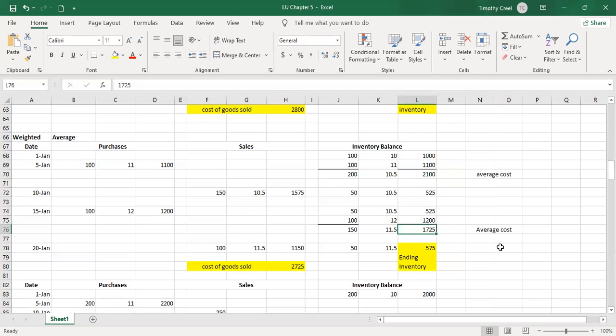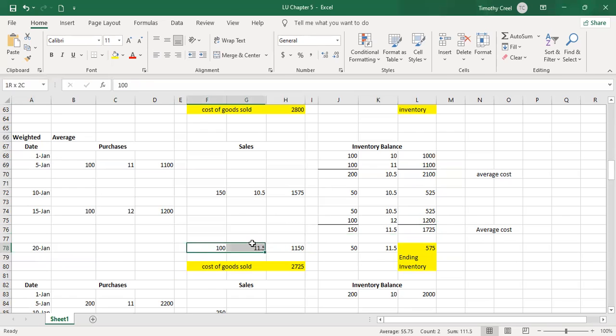So in this case, we take the total value of the inventory, divide it by the units, and you come up with an average cost of $11.50 per unit. We make our last sale on January 20th. We would take the 100 units times $11.50 per unit, and we would get a total value of $1,150.